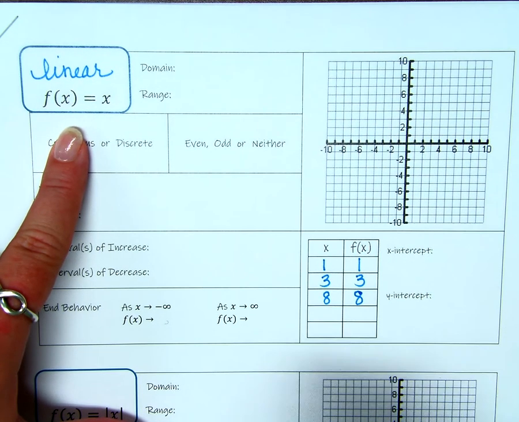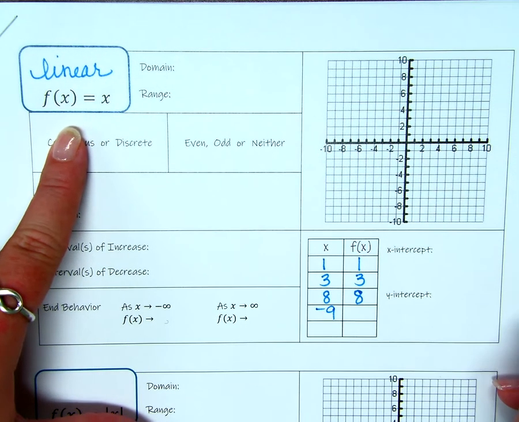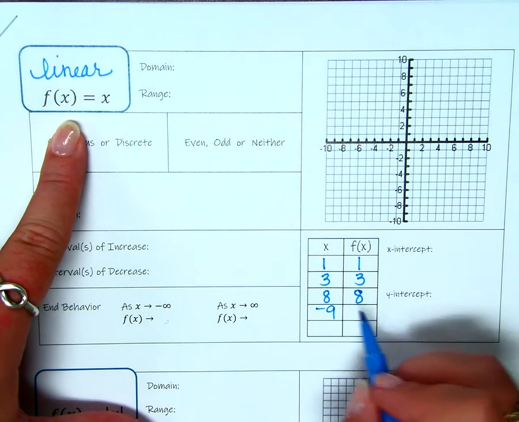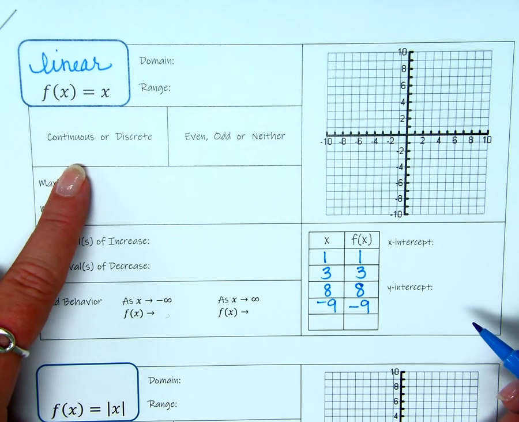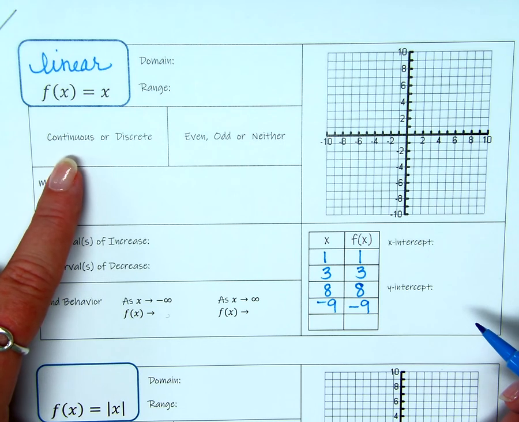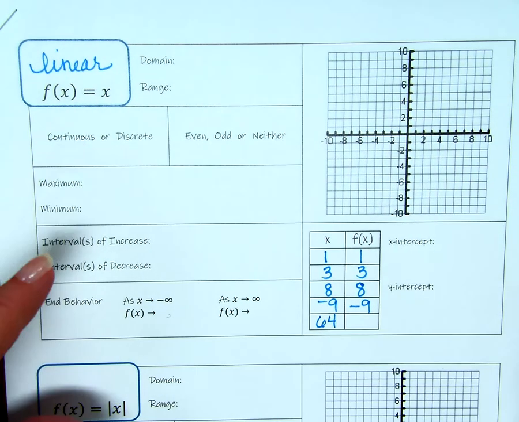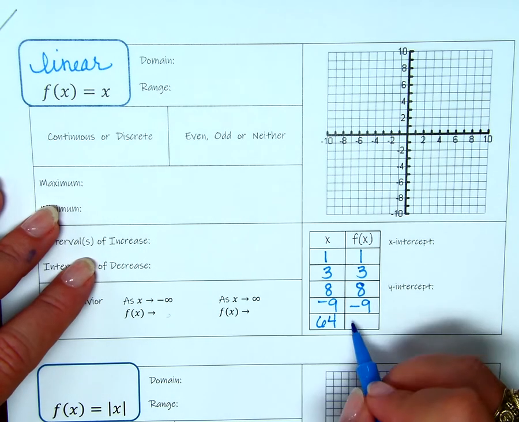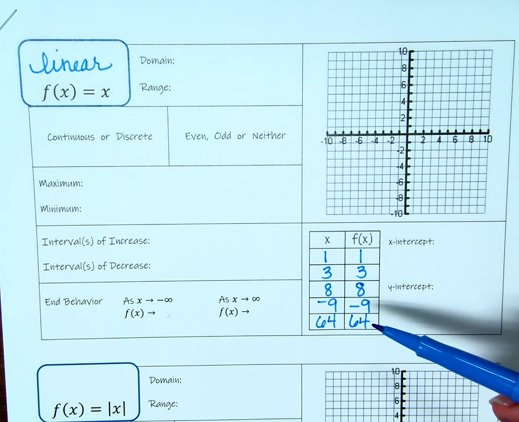Can we say negative 9? Oh, negative 9. Okay, excellent. Negative 9. If x is negative 9, what's y? Because they are the same, correct? Give me one more value. 64. If x is 64, what is y? 64. Okay? Thank you for saying that because that gives us a conversation starter for just a second.